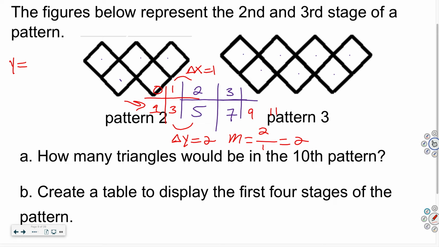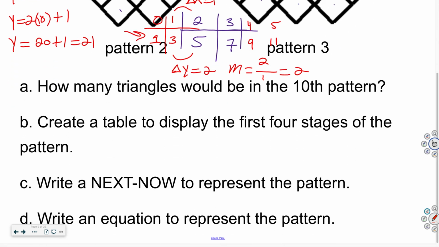So we end up with 2x plus 1. And on the 10th stage, okay, y would equal 20 plus 1, which equals 21. Okay, and we already had the table, create a table. So this was the next 4th and 5th stage there. Okay, so create a table, and I'll write that again so it's pretty.